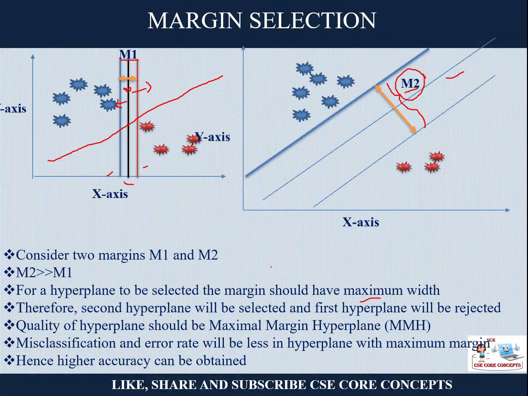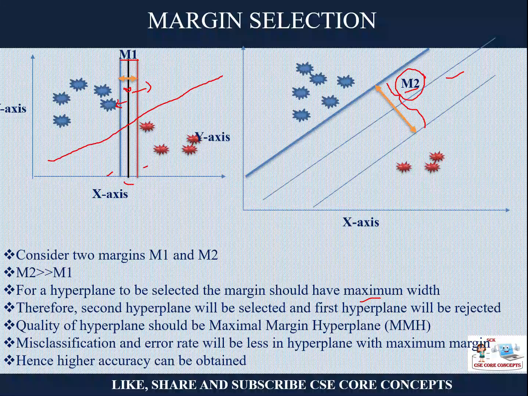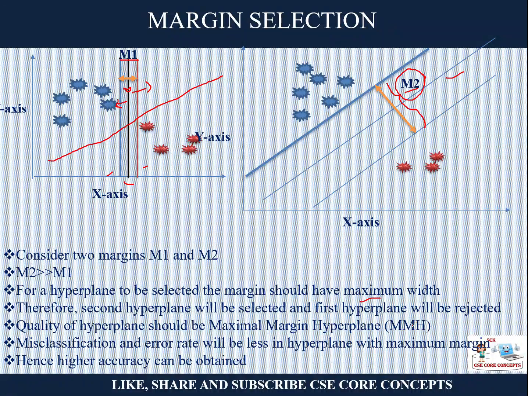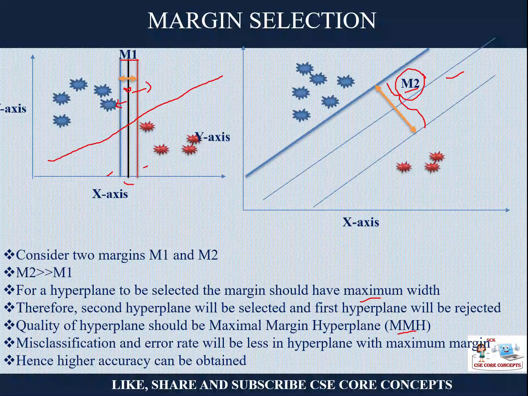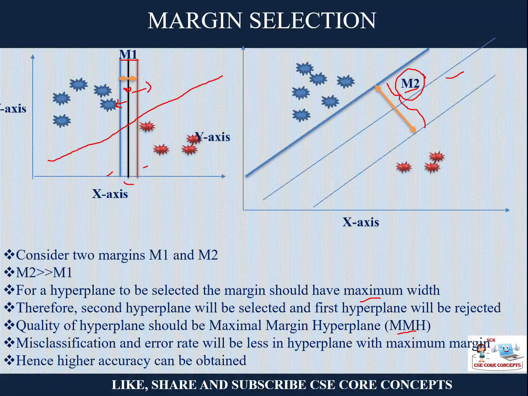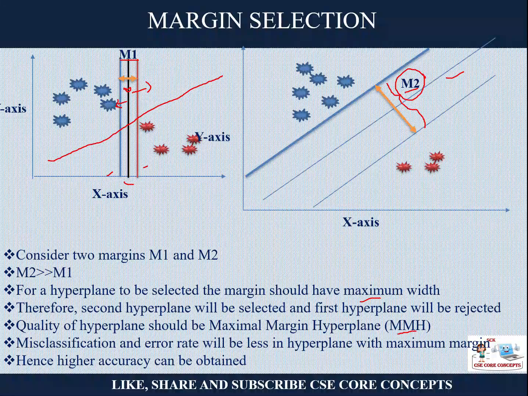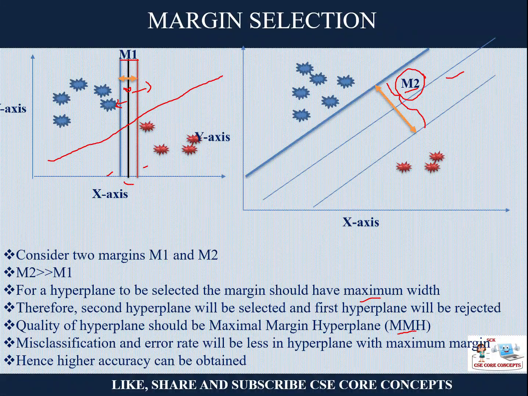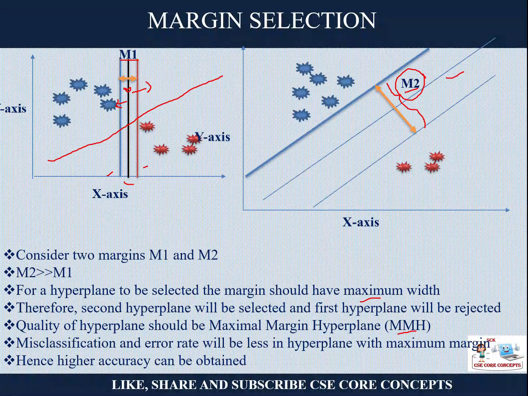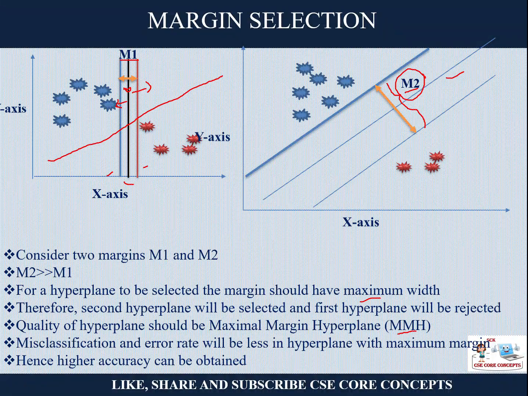The hyperplane should have the property called MMH. MMH stands for maximal margin hyperplane. Misclassification and error rate will be less in the case of a hyperplane having the maximum margin, and when you have a lower misclassification error rate, then obviously you will get higher accuracy.